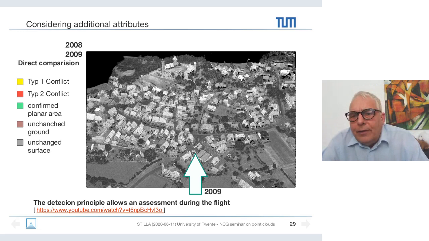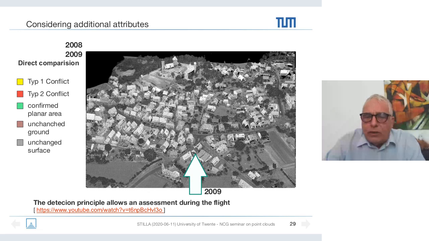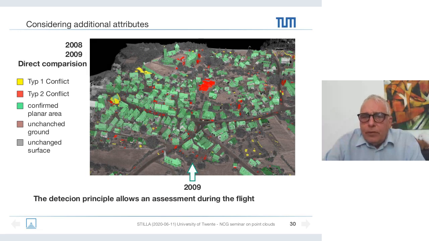In red, something is missing. In yellow, something is new. So when we go back to the presentation, this is 2008, 2009. I'm waiting for the slide. 2009, and we can see here our differences.